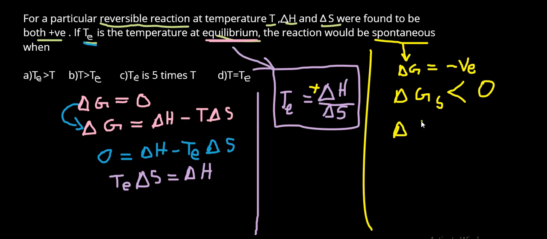So again we know that ΔG = ΔH minus T ΔS.